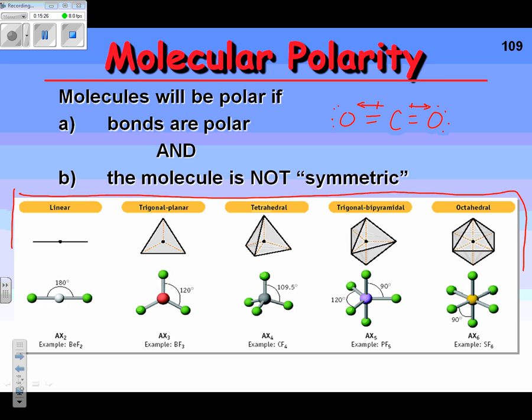These are polar bonds between the carbon and oxygen on both sides. But because they're pulling with equal force but in opposite directions, the dipoles cancel out. And that's a phrase you need to remember: cancel out due to molecular symmetry.